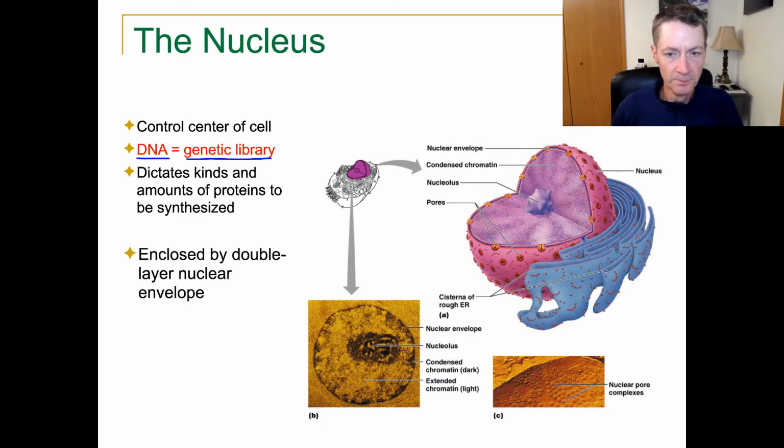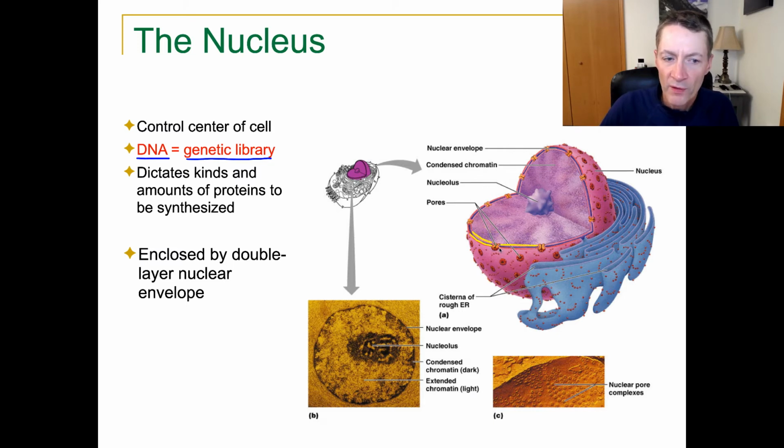We see that there is a double membrane associated with the nuclear envelope. So this membrane we've been talking about, you can see here where I'm drawing on our nucleus, is actually a double membrane.